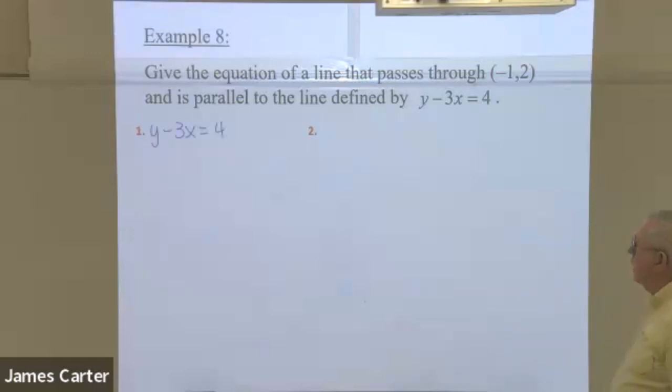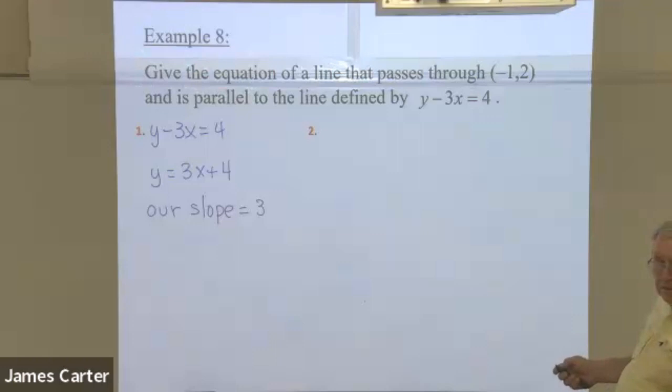So we're going to do that, and we come up with that. Now, after we've got it in y = mx plus b form, we see that the slope is 3 in this case. They are asking for a parallel slope and a line through that point.